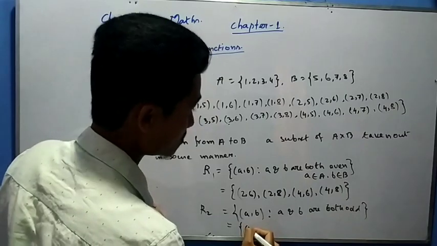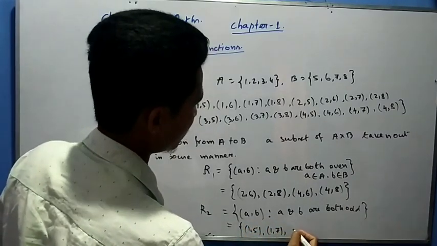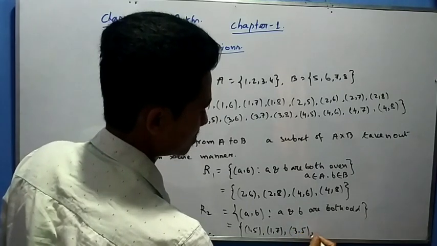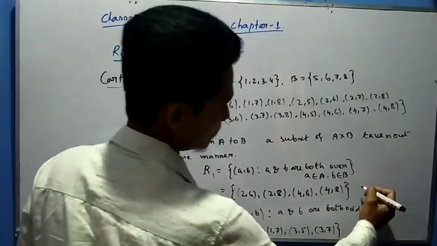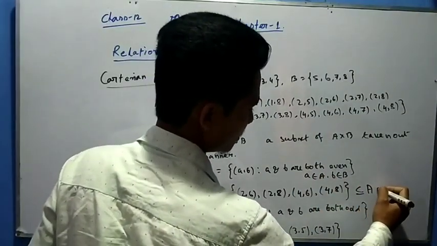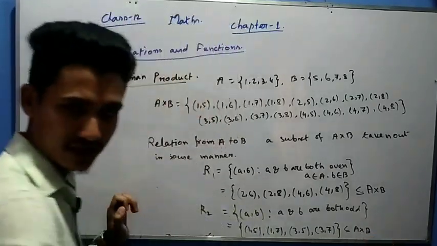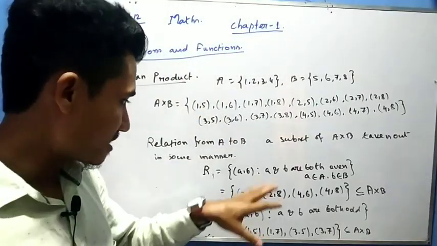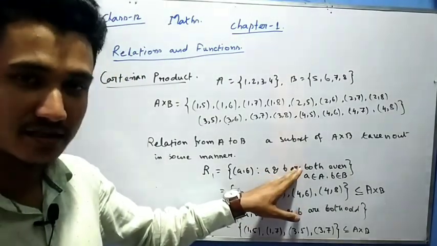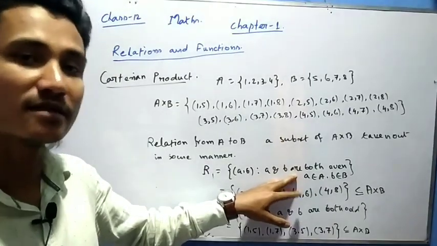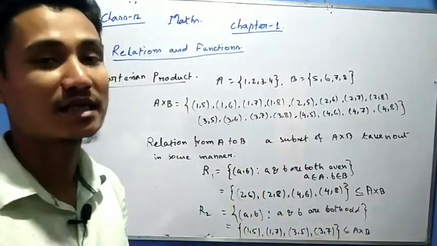So (1, 5), (1, 7), (3, 5) and (3, 7). Both of these you check: this is a subset of A cross B, and this is also a subset of A cross B. The elements a and b we are taking from the sets, and the manner we are taking them is up to us. It depends on us how we define the manner of a and b.